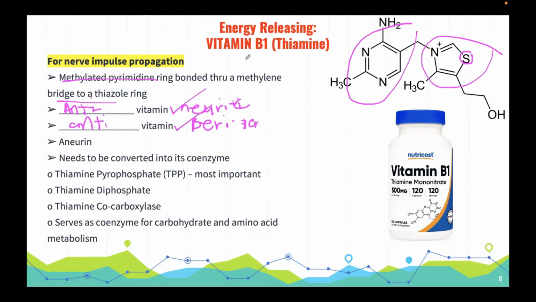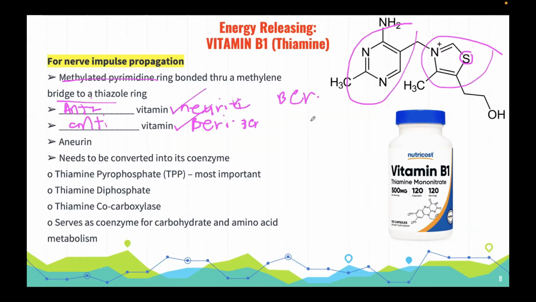So when we say vitamin B1, we only have two diseases that are mainly associated with it. That is what we call beriberi, and then Wernicke-Korsakoff. We will discuss that later. Just remember for now, with vitamin B1 there are two diseases mainly associated with its deficiency: beriberi, and then Wernicke-Korsakoff. We will discuss that later.